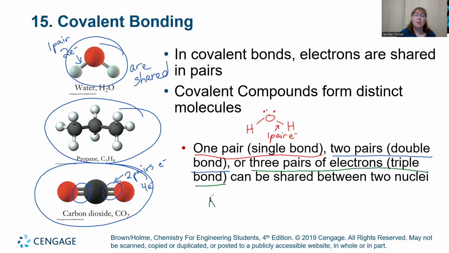A good example of that is nitrogen gas, which has a triple bond between it, like this. And that forms 3 pairs of electrons, or 6 electrons, in between. Often there's a lot of different things that go into it, but usually double and triple bonds are stronger bonds than single bonds.